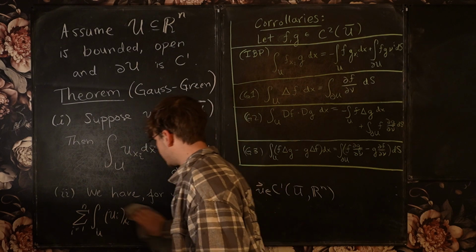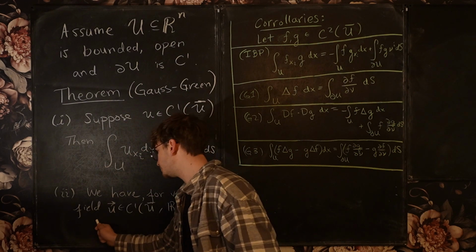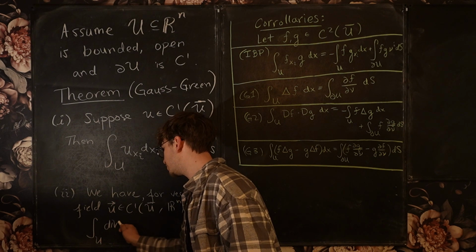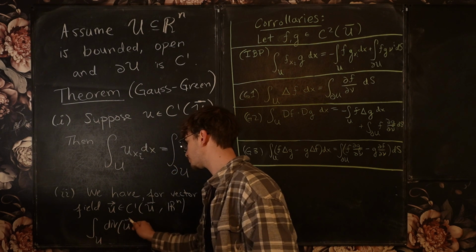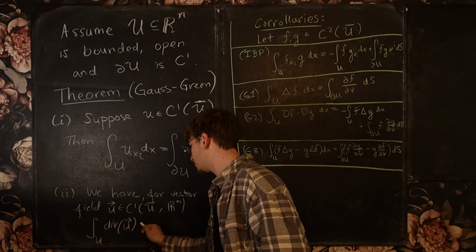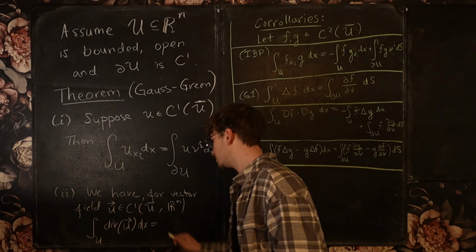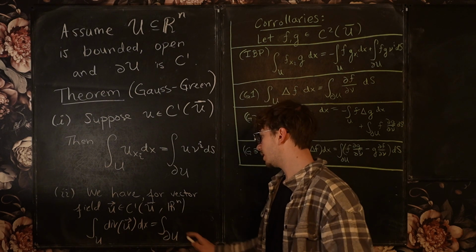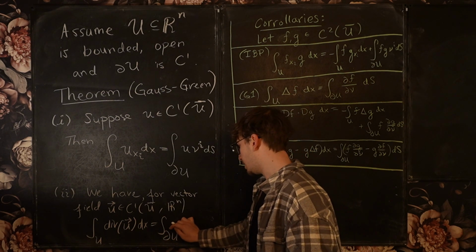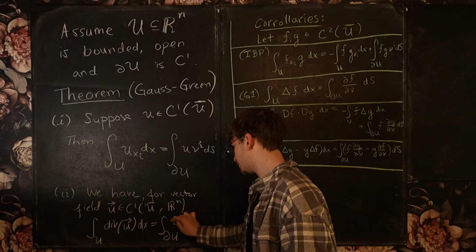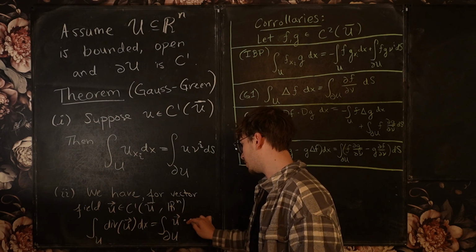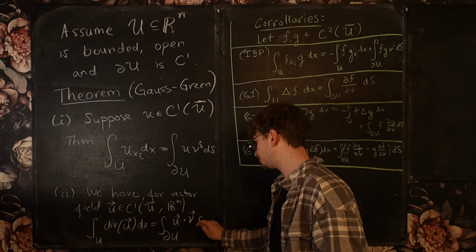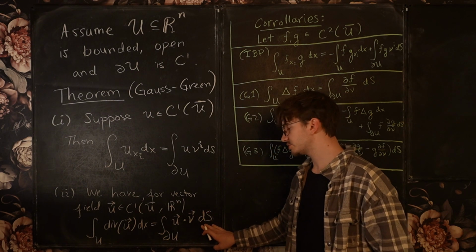All right, so let me just rewrite it here. The integral over the set U of the divergence of our vector field dx is going to be equal to the integral over the boundary of U of the projection of U onto the unit outward normal direction integrated against the surface element dS.